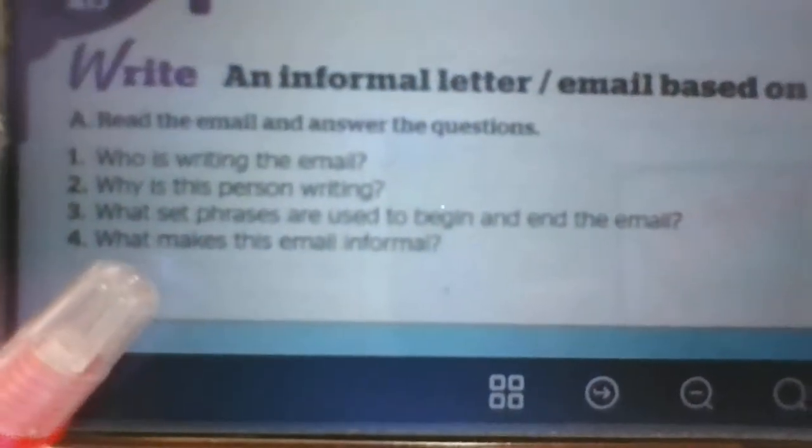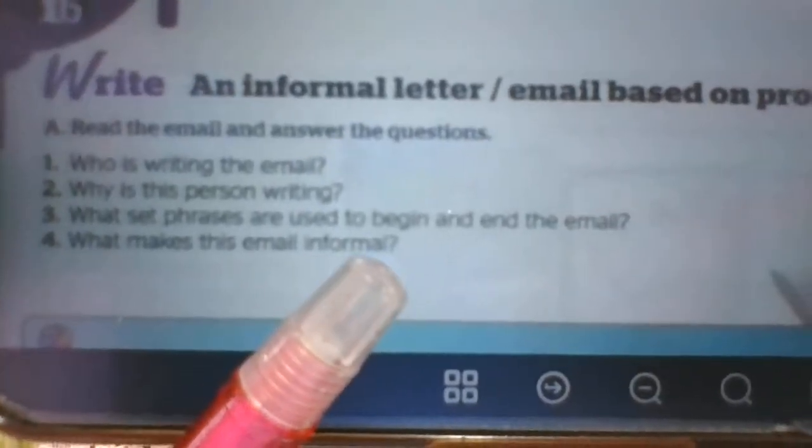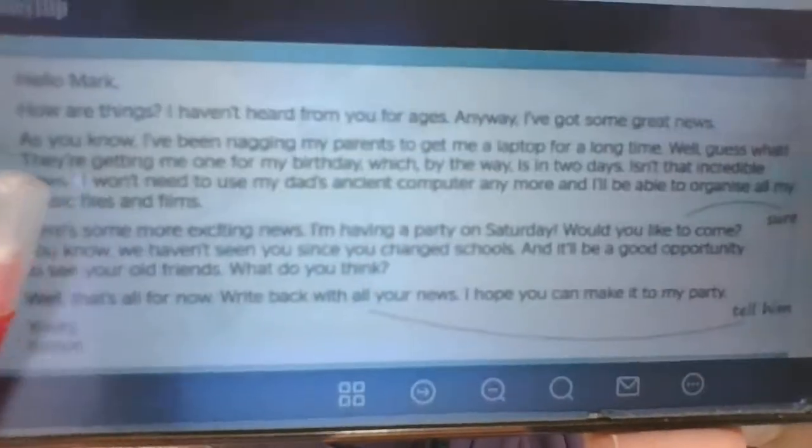So, just now, there's a question of this one. What makes this email informal? Number 4. So, what makes this informal? One, because of the exclamation mark. Here. This one, yeah? Right, let's continue.